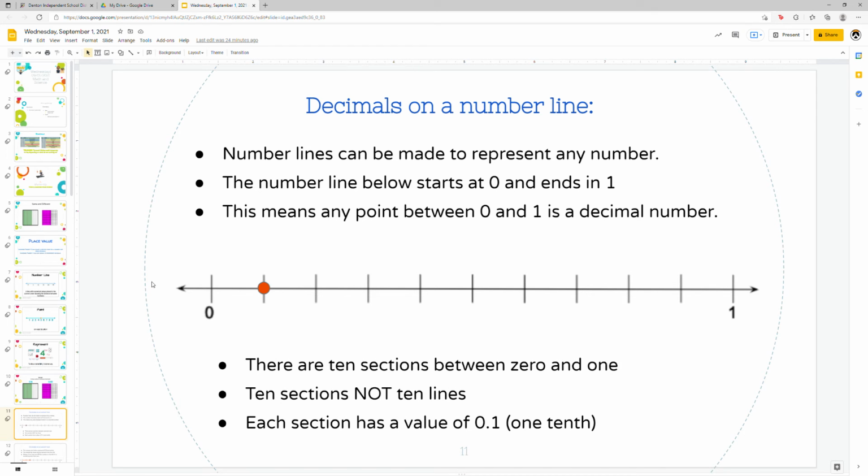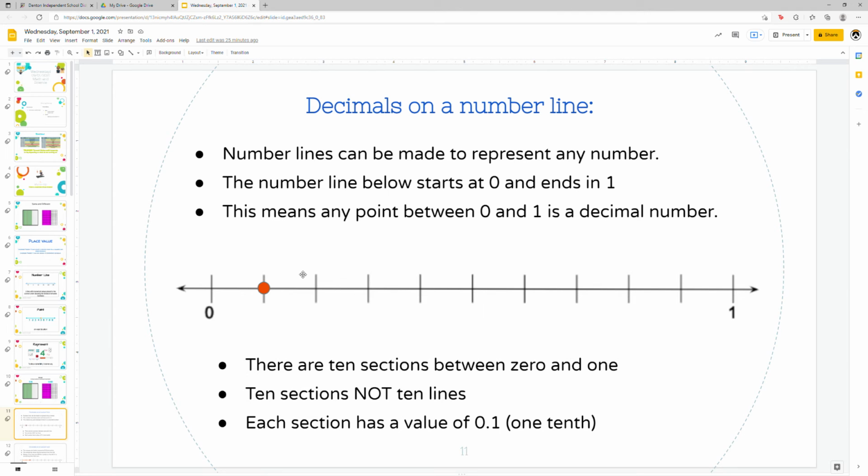So let's talk about decimals on a number line for a minute though. Number lines can be made to represent any number. The number line below, specifically, starts at 0, right there, and ends at 1 on the right. This means any point between that 0 and 1 is a decimal number, right? Decimals are part of 1 or less than 1. So any number here before we get to 1 is a decimal number. So there are 10 sections between 0 and 1 here. 10 sections, not 10 lines.